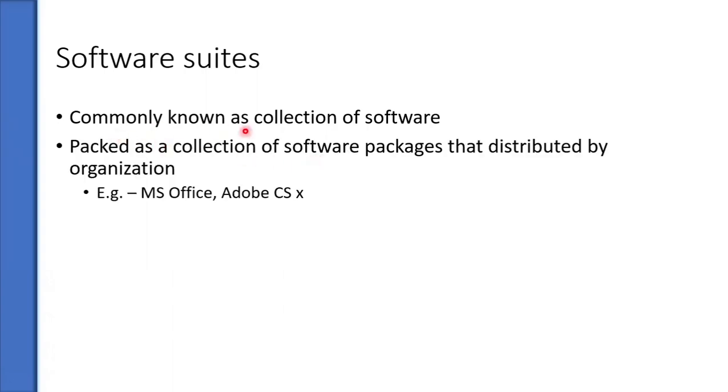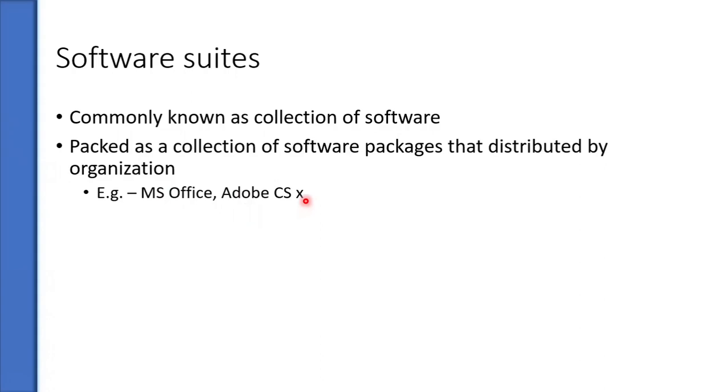Software suites. So, what's a software suite? It is commonly known as a collection of softwares. You may have heard of it as a collection of software packages distributed by an organization. Like Adobe provides a set of tools as an inbuilt package, the CS pack.